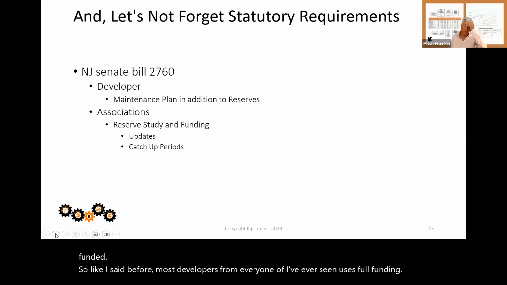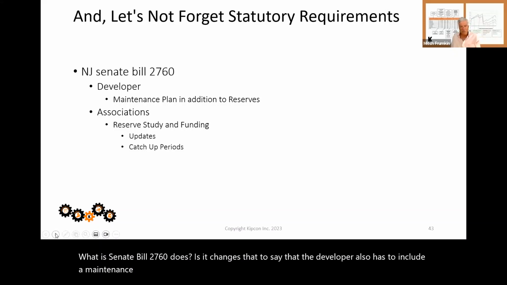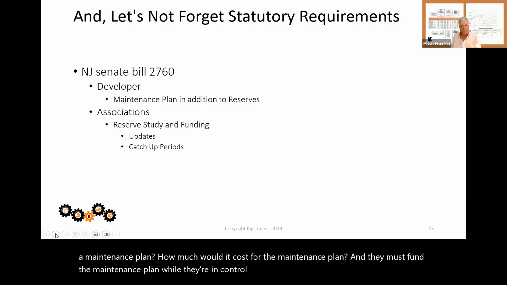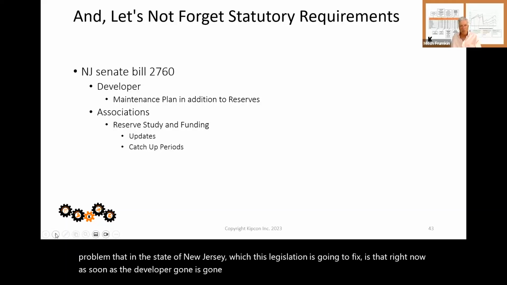What Senate Bill 2760 does is it changes that to say that the developer also has to include a maintenance plan, how much it's going to cost, and they must fund the maintenance plan while they're in control the same way they fund the reserves. The problem in the state of New Jersey, which this legislation is going to fix, is that right now, as soon as the developer is gone, there's no requirement at all for the association to fund their reserves.